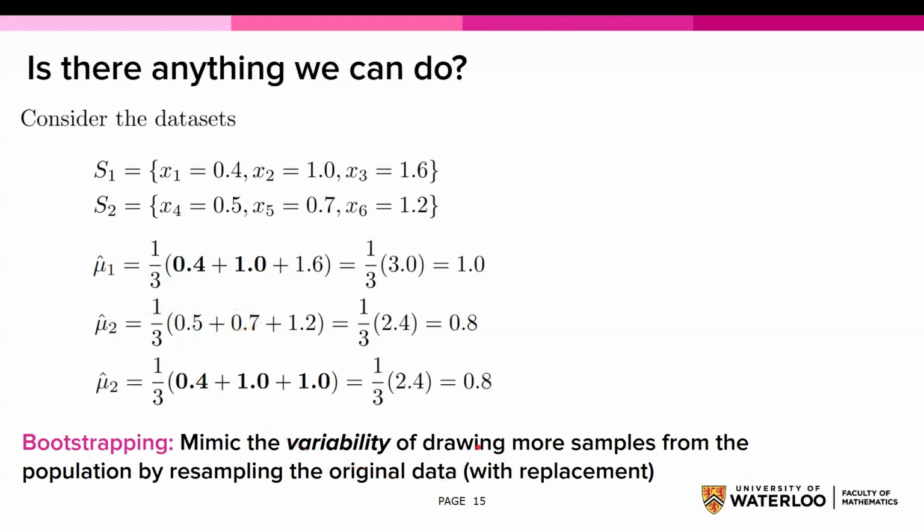We're going to mimic the variability of drawing more samples from the population by resampling the original data with replacement. Each bootstrap sample contains a slightly different mix of the data points. Some are going to appear more than once, others might be left out, exactly like what we saw here. As a result, we get multiple possible outcomes, which helps us measure the variability in our estimator, like the mean.